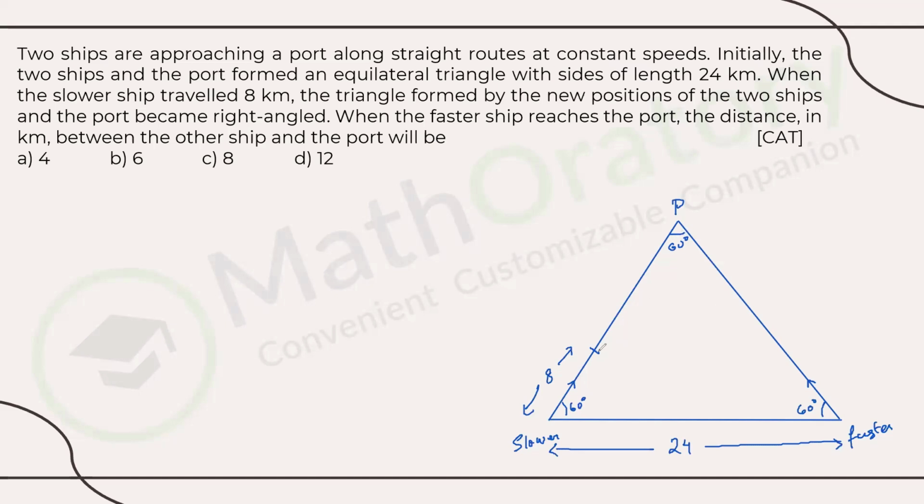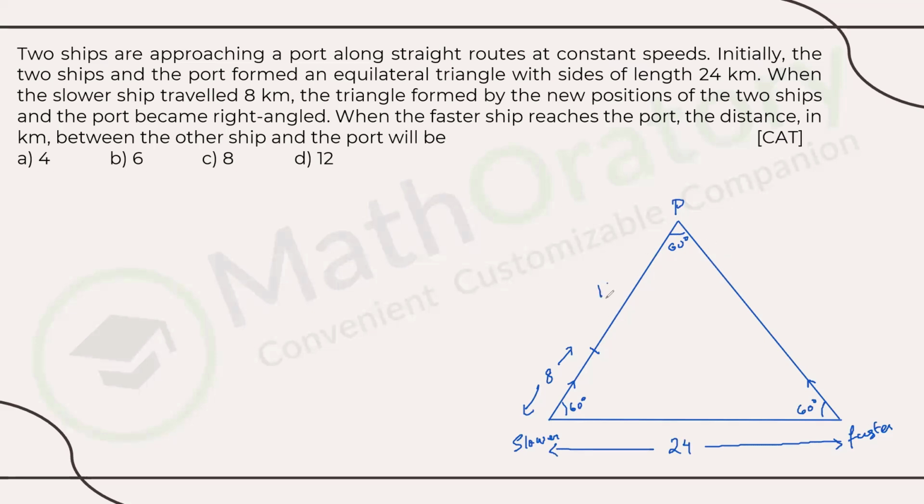A basic idea of any triangle: opposite to the smallest angle will be the shortest side, opposite to the largest angle will be the longest side. So you cannot have 90 degrees here, because opposite to 90 degrees, whatever is here, that will be less than this 16.